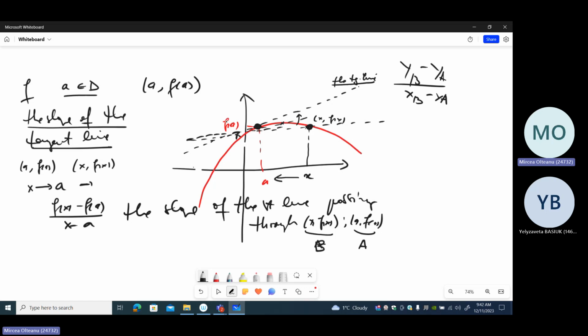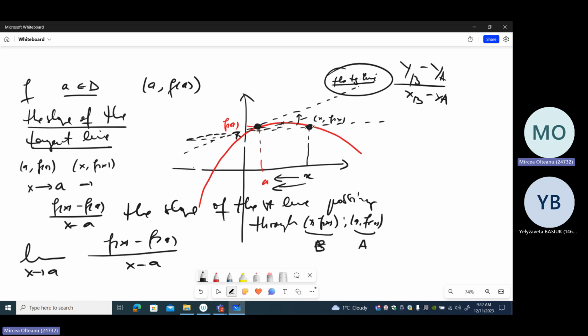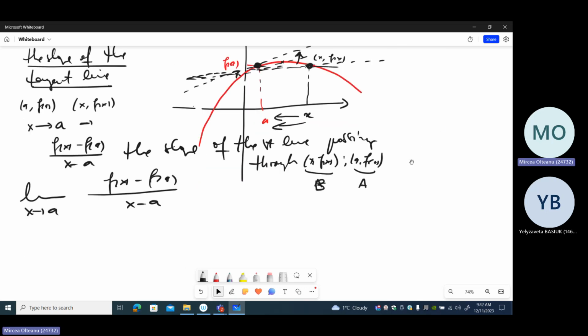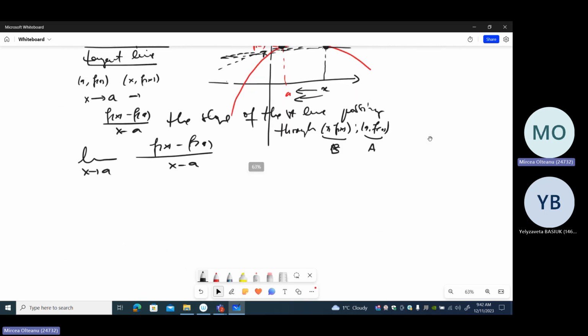And now, to obtain the slope of the tangent line, we need to take the limit where x tends to a of f of x minus f of a over x minus a. Because as we observe, when x is closer and closer to a, this straight line will be closer and closer to the tangent line. So in this way we arrive at the definition of the derivative.